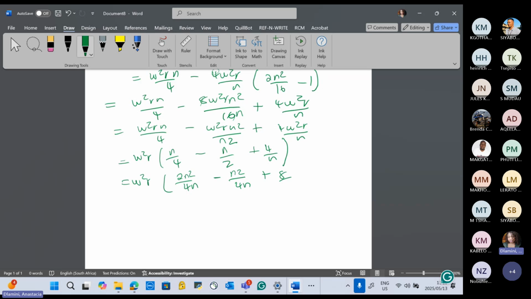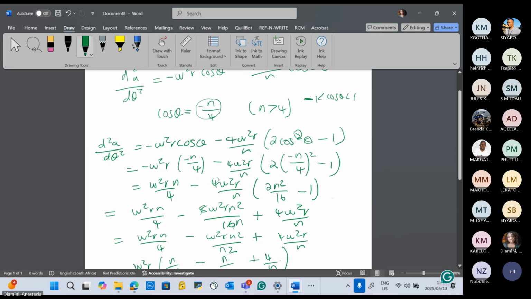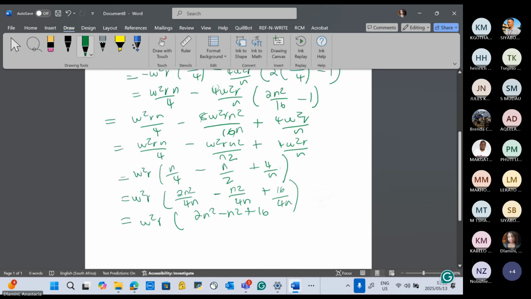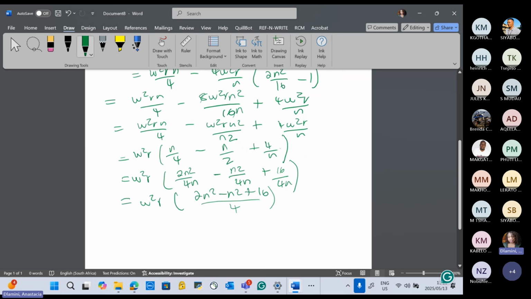Why am I confusing? 4 times 4 here, it's 16. So it's 16 over 4n. You guys said you are fine on how to find it. So this is 2n squared minus n squared plus 16 over 4n. There's something I'm missing here.